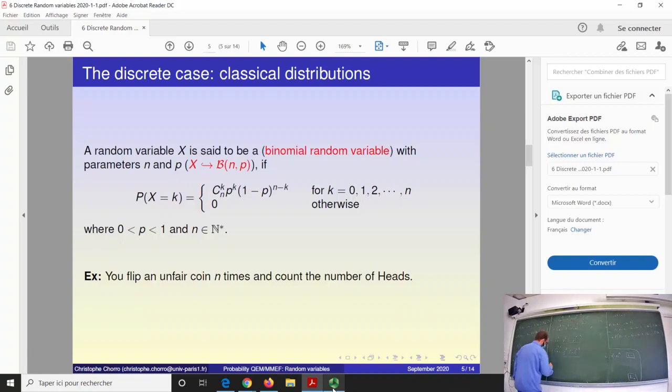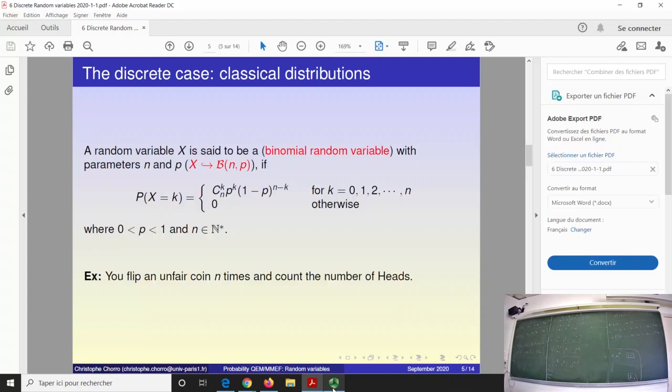So this is equal to C(n, k) p to the power k, 1 minus p to the power n minus k, using exercise 24 of the summer list. And of course, I obtain what I want. That is exactly that the probability mass function here is given by this term, for k between 0 and n.